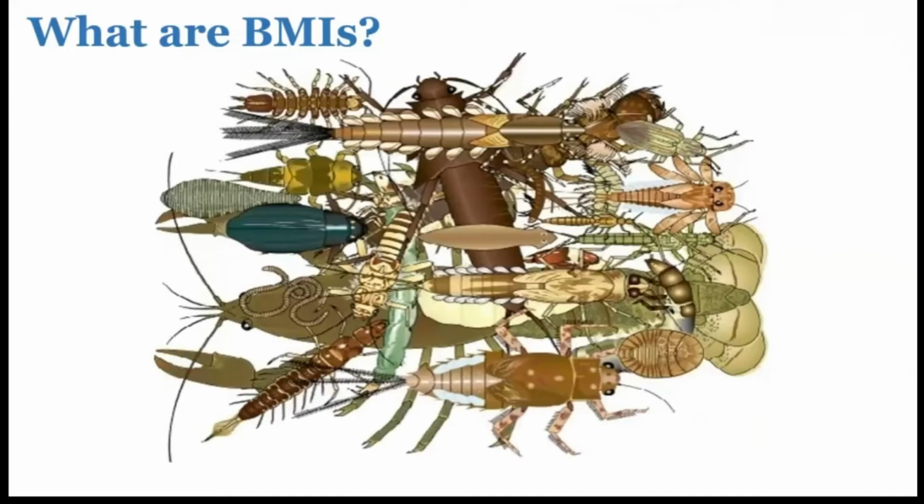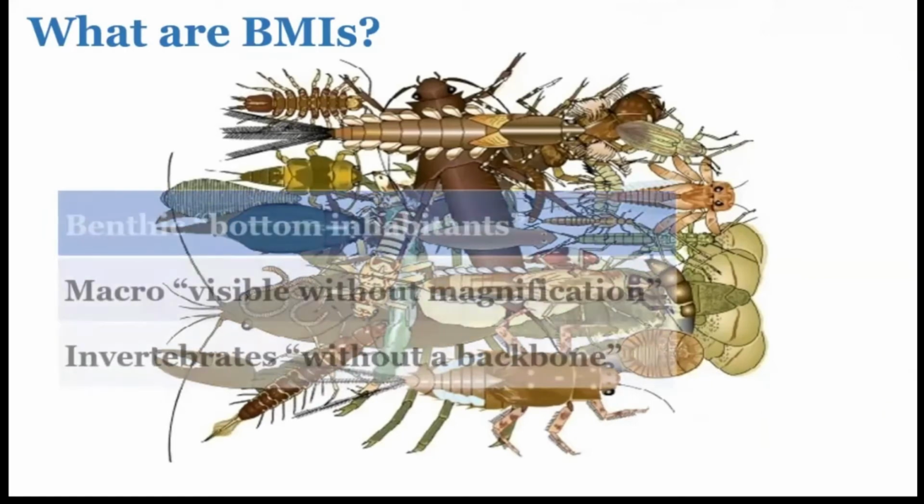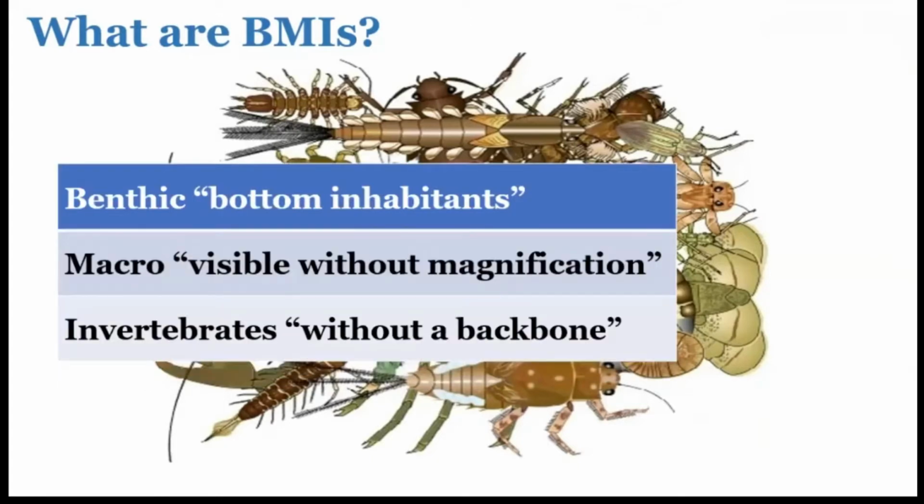If you know, you can type it into the chat box. It's pretty simple. Benthic means bottom inhabitant, so they're on the bottom of our streams and rivers. Macro is visible, so we can see them without magnification, but magnification helps, especially with identification. And they're invertebrates, so they don't have a backbone.